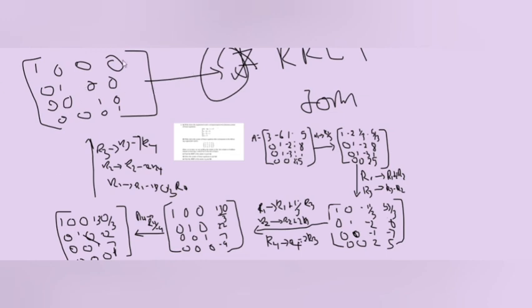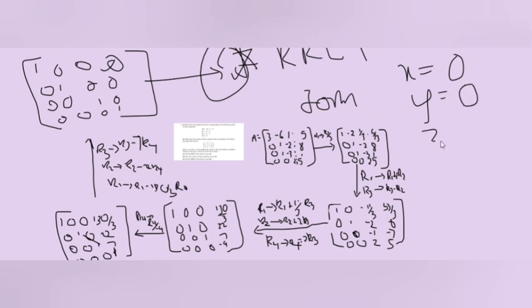Now we can read off the X value, the Y value, and the Z value. This is the X column, and the answer column gives naught, so X is equal to naught. Y is also equal to naught.